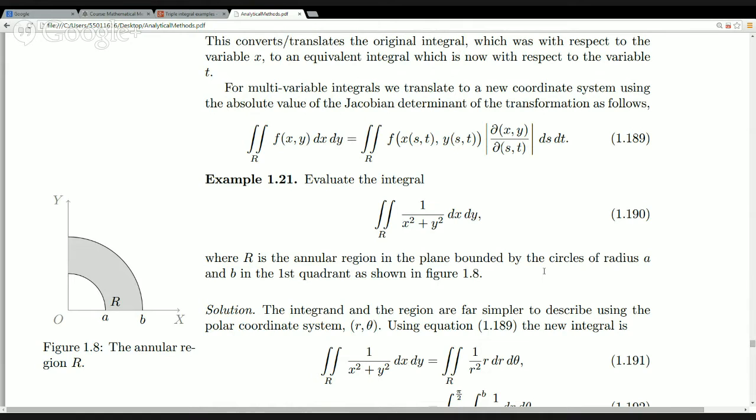It's like a radius, but it's not the actual radius. It's the radius projected down onto the xy plane. So we call it rho. Rho is the Greek equivalent of r. So we use rho, and we also use this angle theta, the same angle as over here.